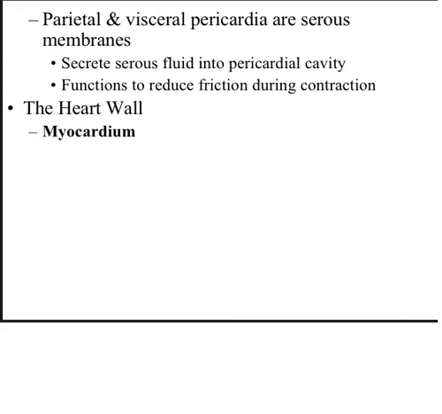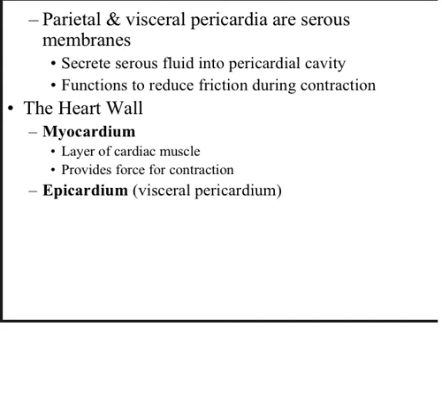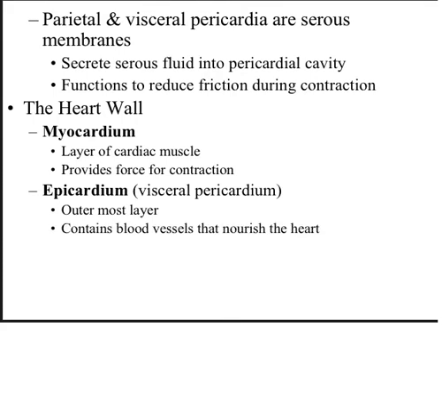The heart wall is made up of the myocardium, which is cardiac muscle tissue. That's what actually produces the force of contraction. The epicardium, which is that layer that lies on top of the myocardium, is sometimes also called the visceral pericardium. So two names for the same thing. It's the outermost layer, and it contains blood vessels that nourish the heart.